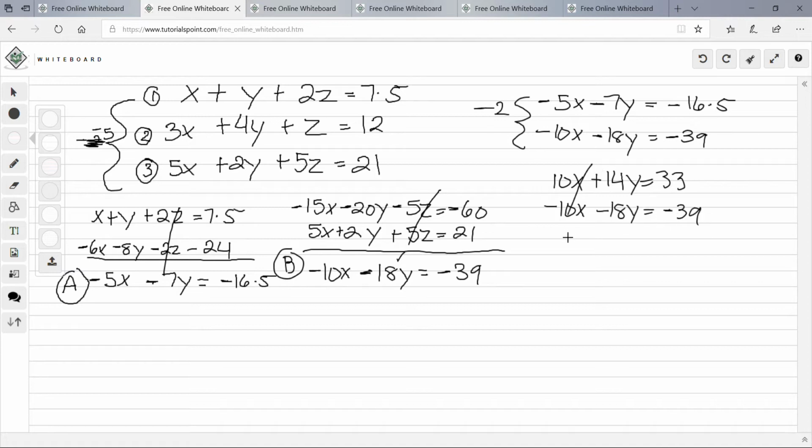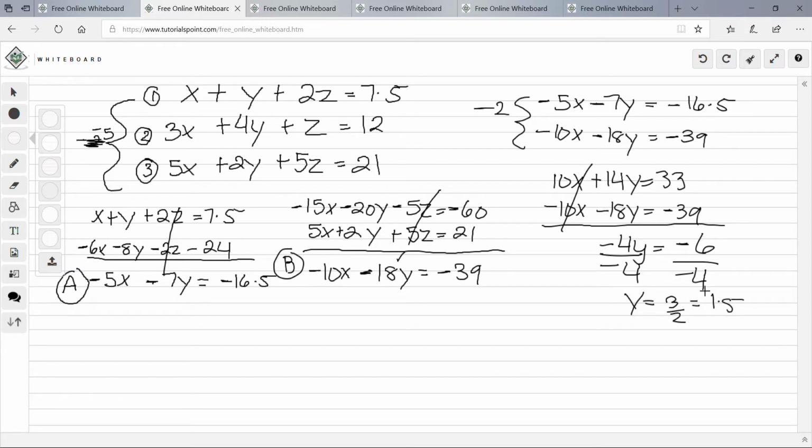The x's cancel. If you add these, you get -4y equals 33 minus 39, which is -6, divided by -4. And then y should give us 3/2, or 1.5. It's the same thing.